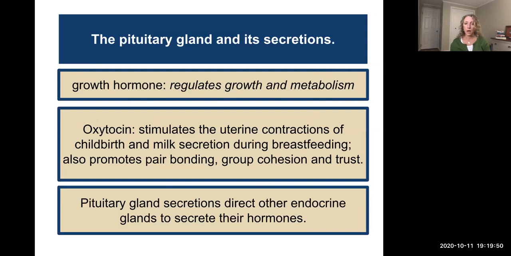Pituitary gland, like I said, it directs other endocrine glands to secrete the hormones. And I have to say, I've been teaching for a long time, and I'm just going to be really honest in this moment: I sat and said the master gland, and as I said that, I realized I have a problem with saying that now. It doesn't sound right. I don't like the word master. I feel like it's not appropriate anymore in our curriculum.